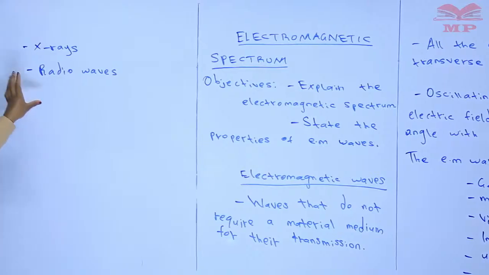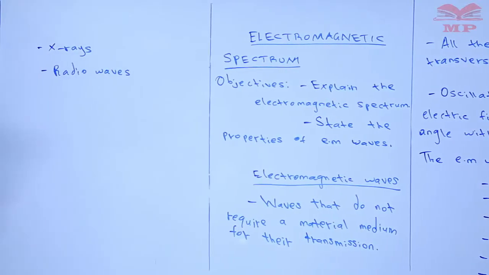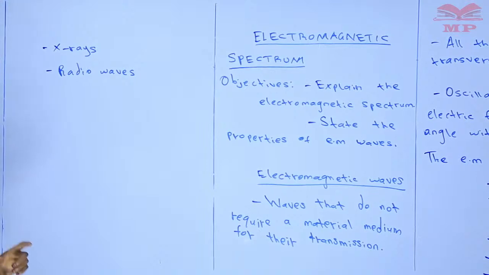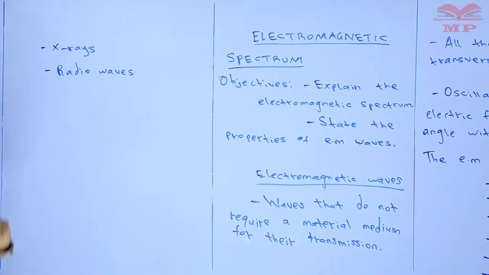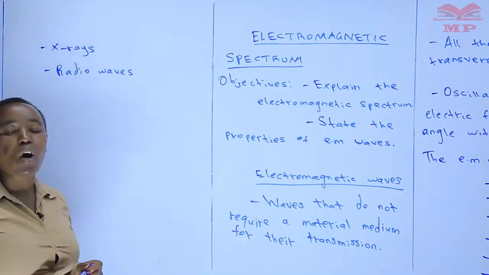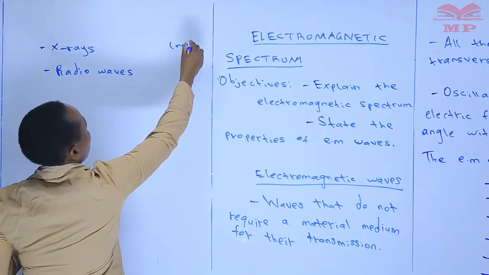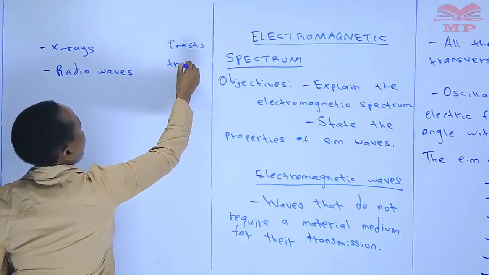Now all these waves that we have listed down are what we are calling the EM waves. And as we have seen, they are transverse in nature, meaning that they also have sections of crests alternating with troughs.